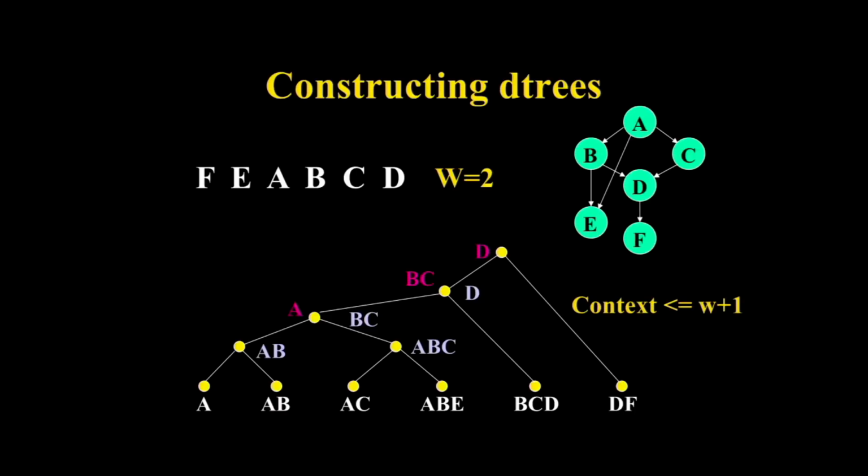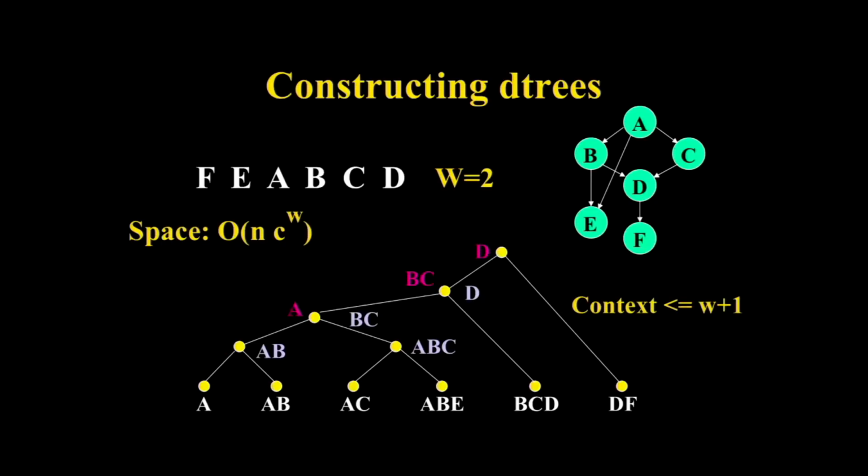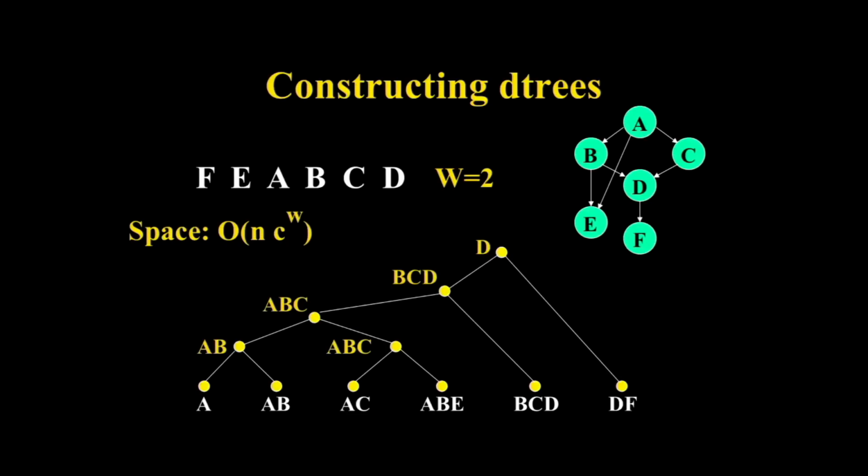We call that the cluster. So that's what I did here. For every node, I took the cut set and the context and unioned them, and I got this. We call these clusters. The guarantee is that their size is going to be less than W plus 1 according to this method.